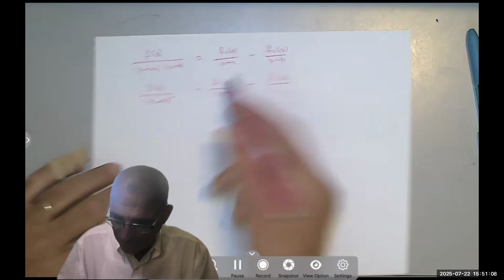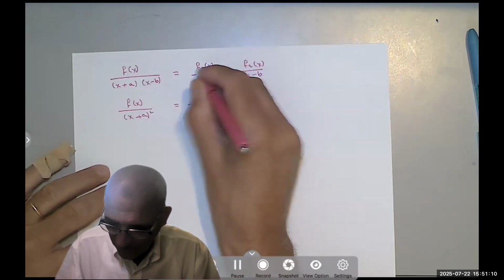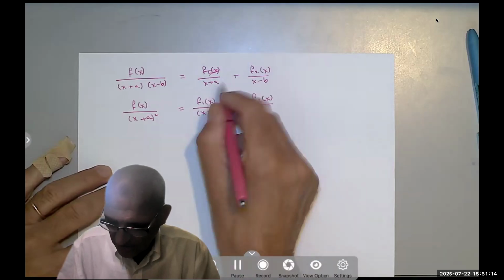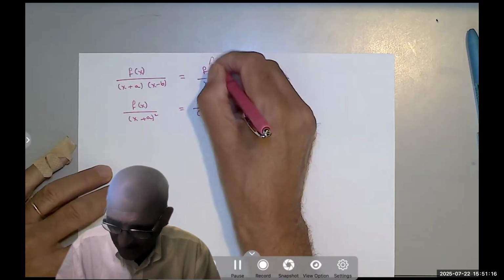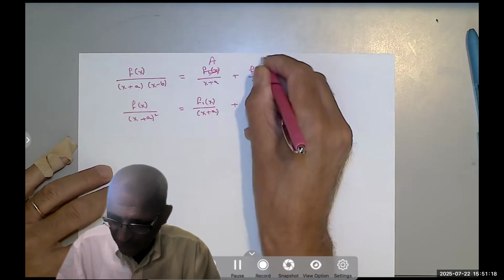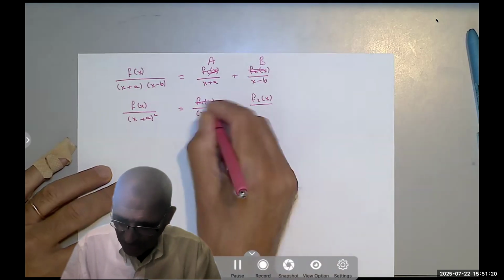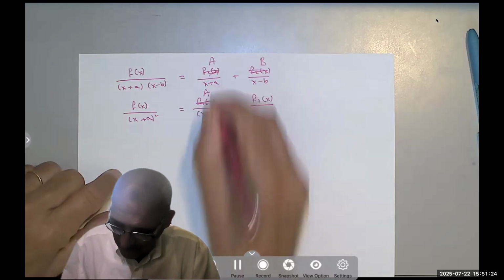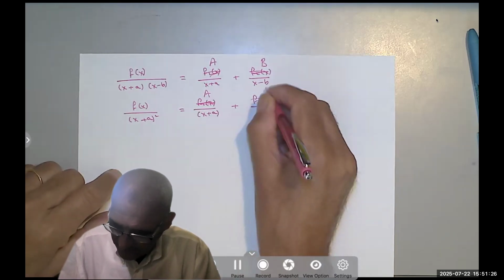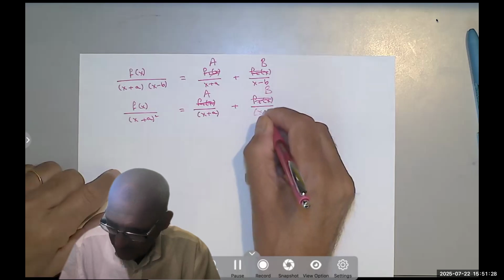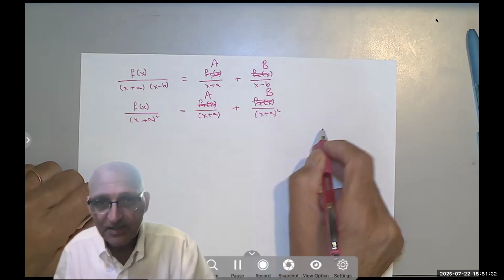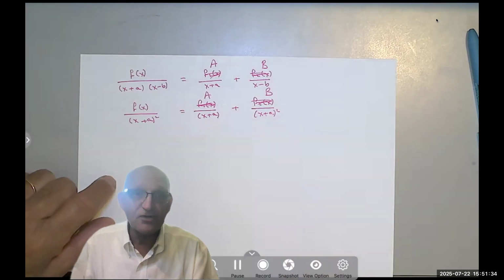So I'm sorry, I wrote f1 of x. That's basically a constant. So I would say A over that and B over that. Here also, it's going to be A over x plus a plus B over x plus a squared. And if it's a cube, I add a third one over x plus a cubed, and so on and so forth.